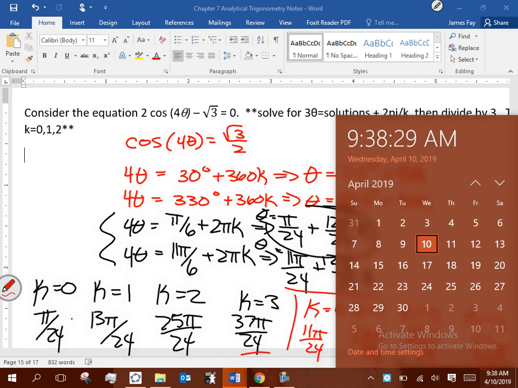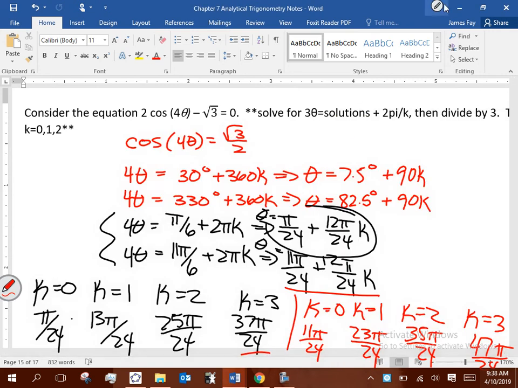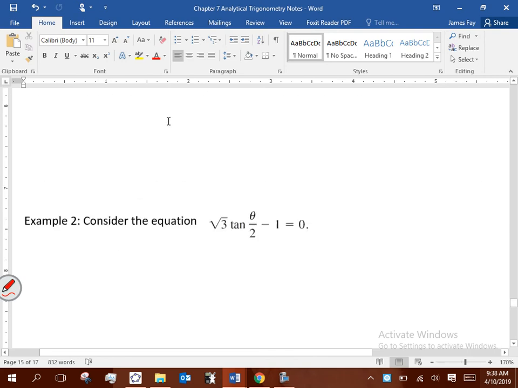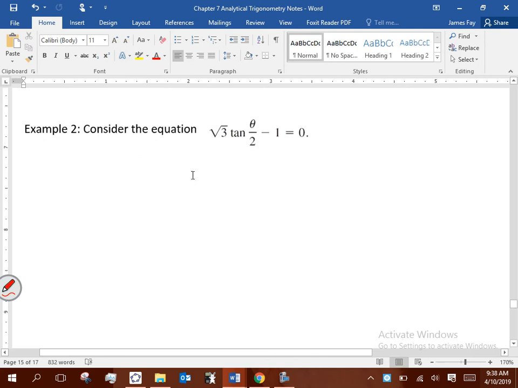That's something to think about, because that's going to be something that we have to mess with in the next type of equation, because it's going to be still a multiple angle equation, but it's going to be of that version.